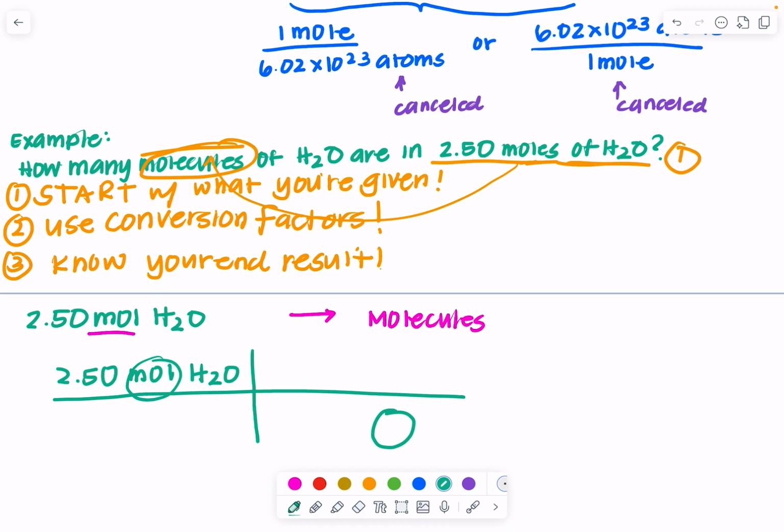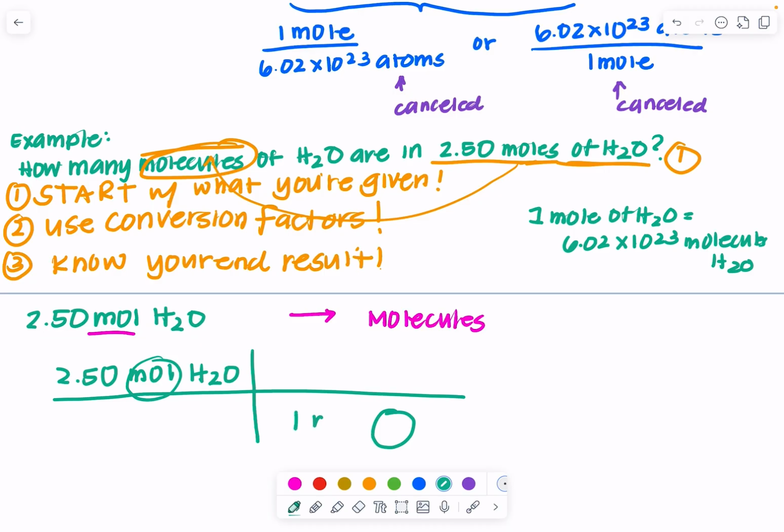Okay, which means that we need a conversion factor, and our conversion factor is 1 mole of H2O equals 6.02 times 10 to the 23rd molecules of H2O. And we knew that because we've been seeing this number.